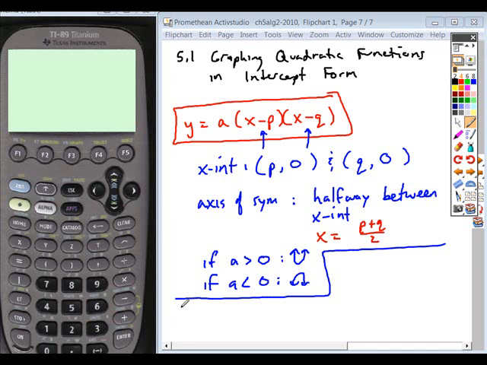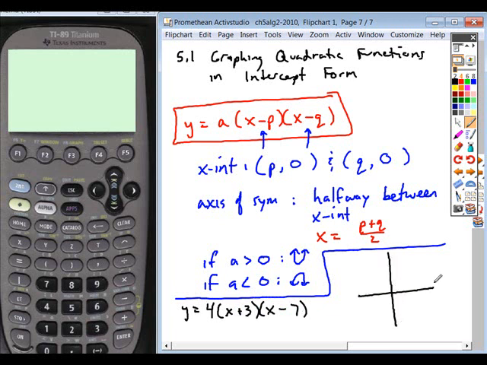If I were to give you the following function, if you looked at this function here and we wanted to sketch it, the information that we could provide from this is, is our graph opening up or down?